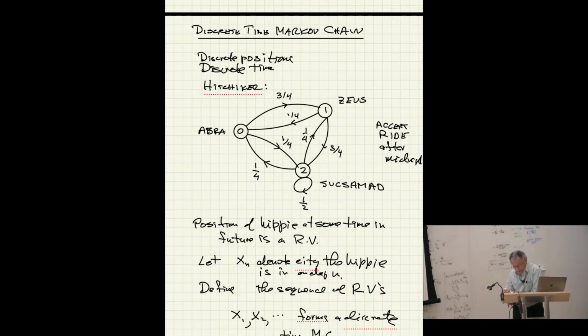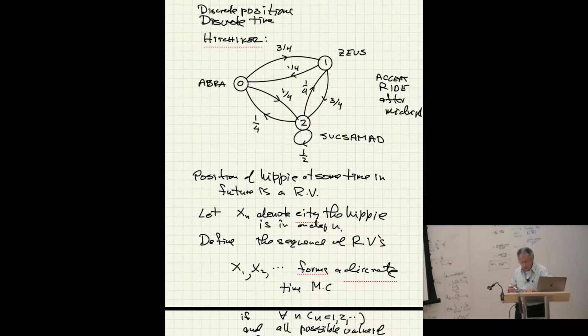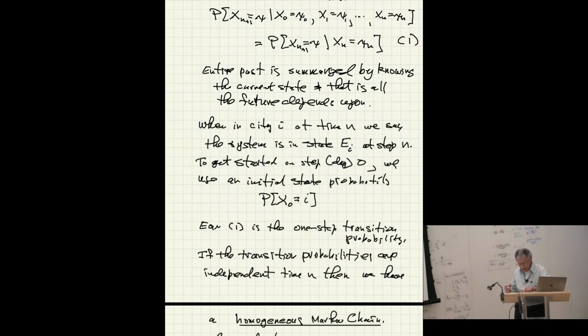So you can't get from state 2 to state 1, ever. This is gone, and so is this. That would be reducible, if you will. So we want to consider irreducible. They seem to be the good ones where you can bounce everywhere. You're not isolated from any place.